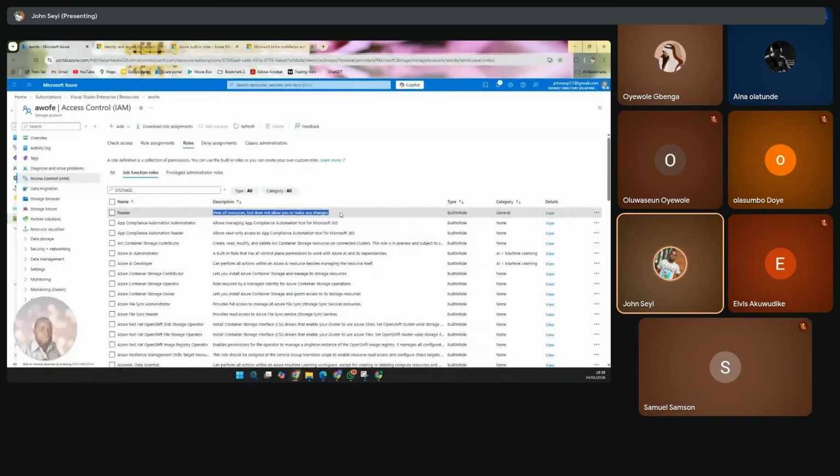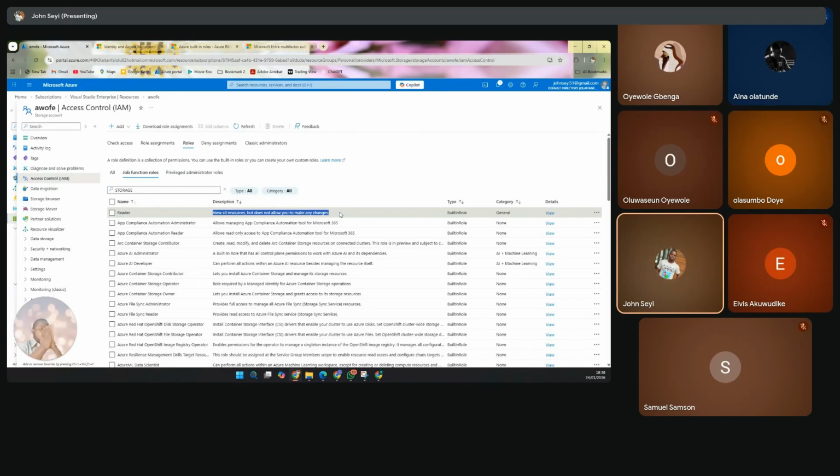So those are role access controls. Role-based access control is just telling you what a particular person, a user, group, or service principal can perform on a resource or in a subscription at a given period of time.